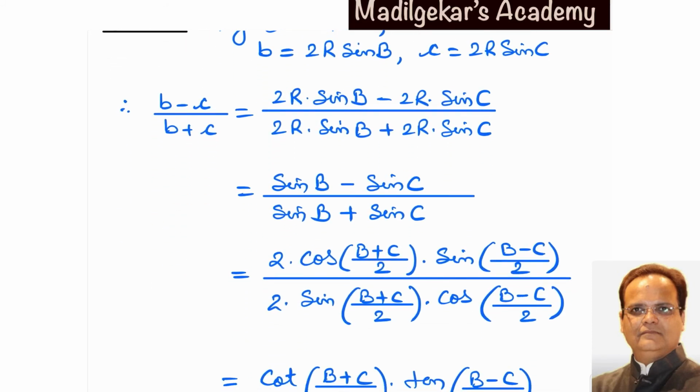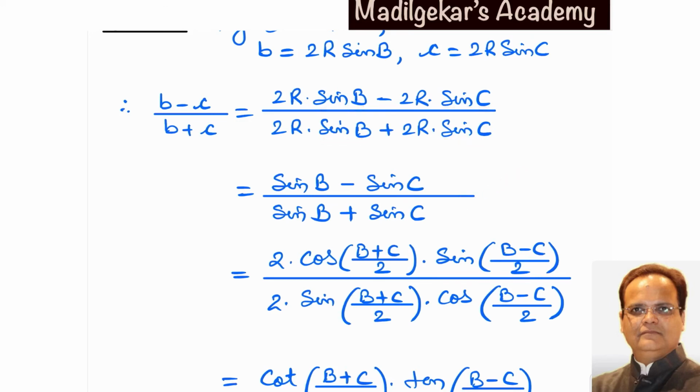Replace the values of b and c, 2r sin B and 2r sin C. 2r can be taken common from both numerator and denominator. After taking common, cancel. So we have (sin B minus sin C) upon (sin B plus sin C).